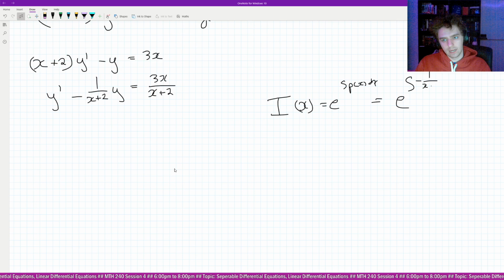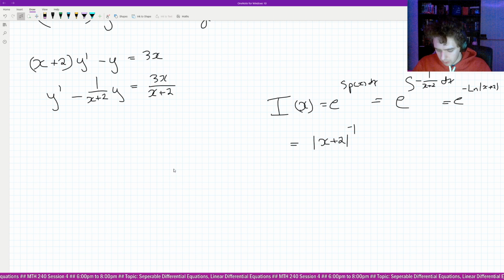The negative goes out, so it's the absolute value of x plus 2 to the power of negative 1. And I have a feeling we're just allowed to drop the absolute value. Yeah, we are just allowed to drop the absolute value. Why? I don't know.